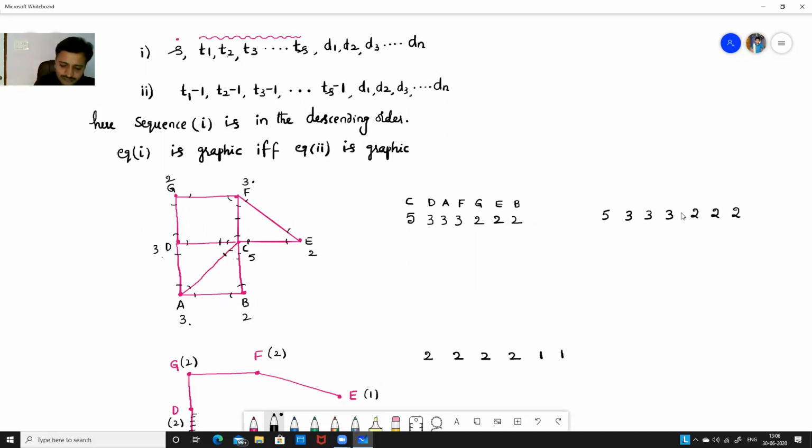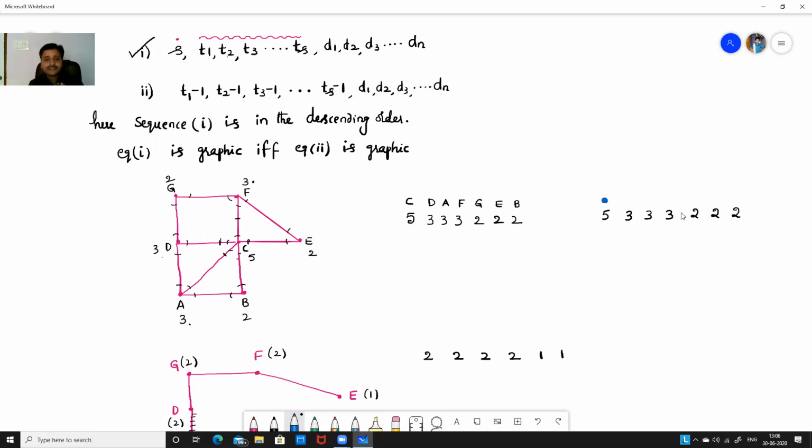Okay, it is the first step. Please understand the first step. This S indicates that we have to consider the degrees of the first S vertices. Who is sitting in the place of S? Obviously, that is 5.